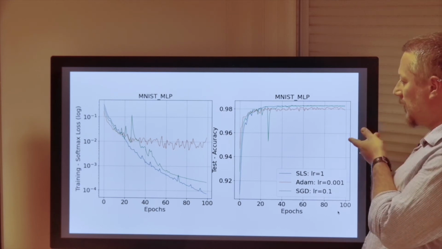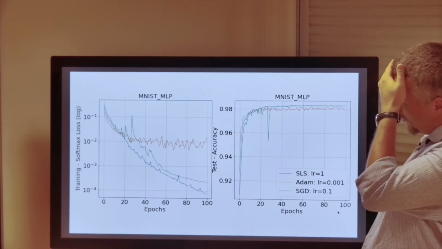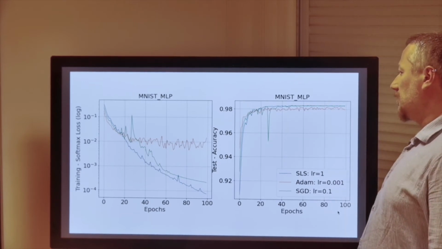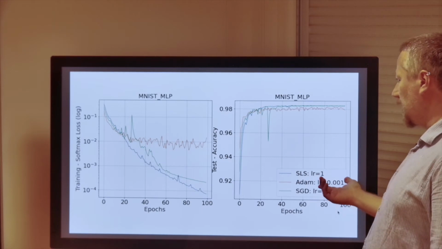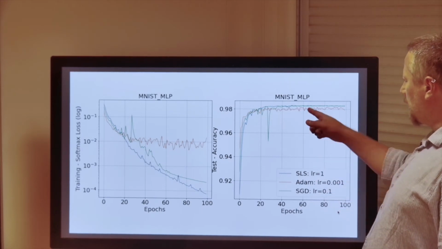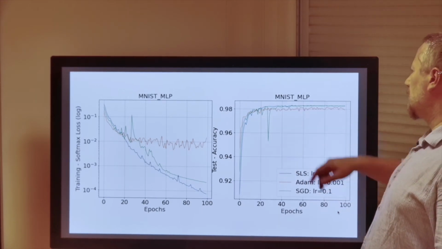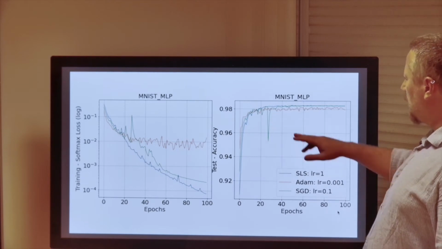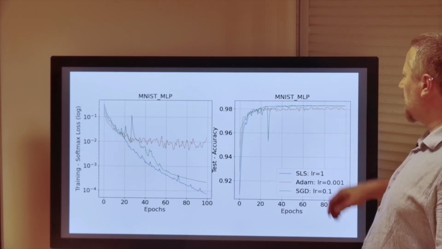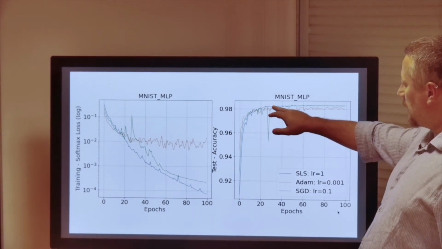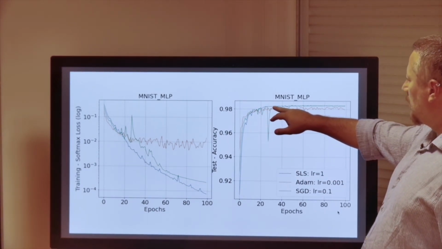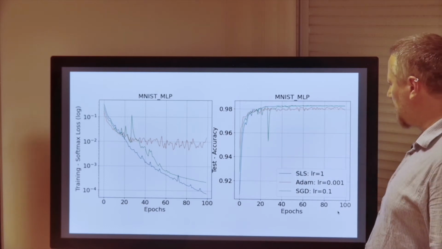And as you can see, in terms of training loss, it goes lower than every other method that we see here. And in terms of accuracy, it behaves similar to SGD, maybe a little better, because maybe it's converging to a good accuracy before SGD.